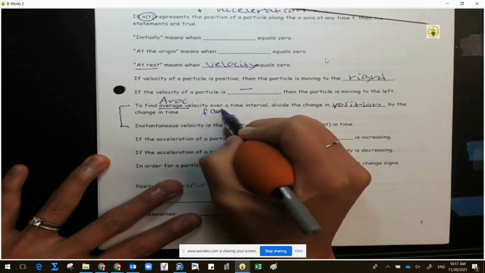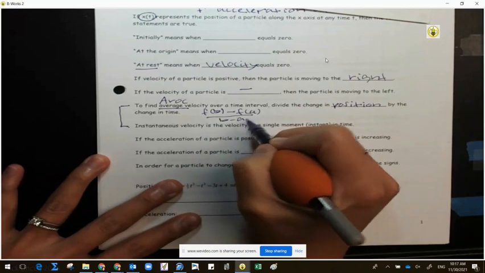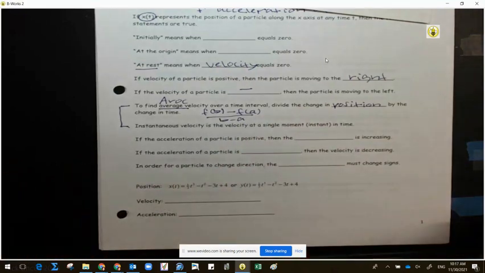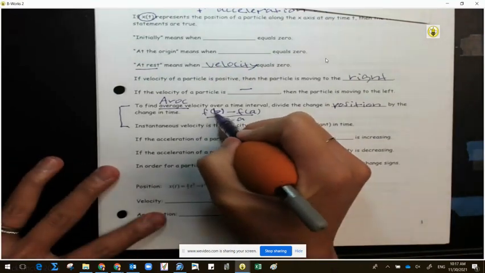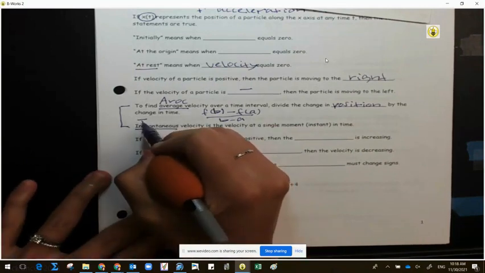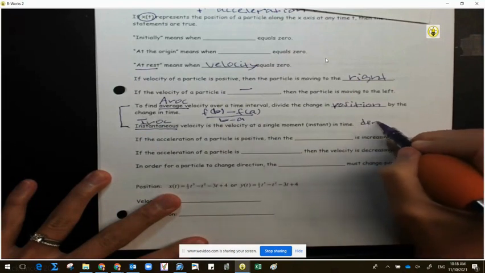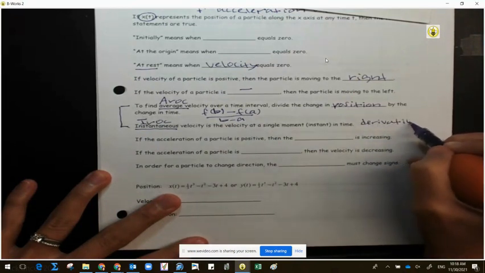So if I say f of b minus f of a over b minus a, simply the slope formula. On the next one, instantaneous velocity, what was the acronym that we used if the one above is AROC? IROC. And to find the IROC is simply the derivative.